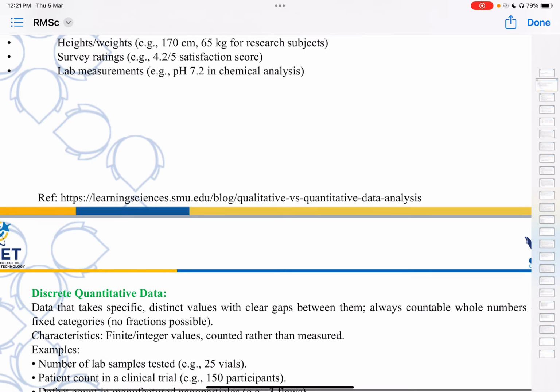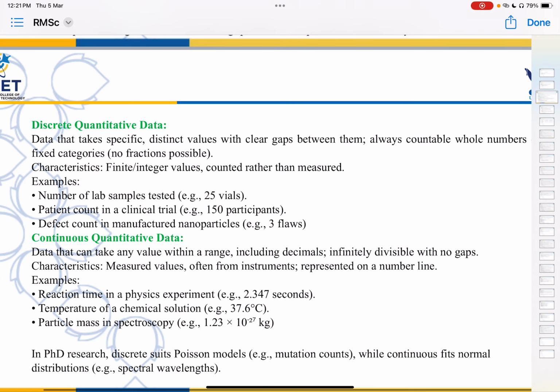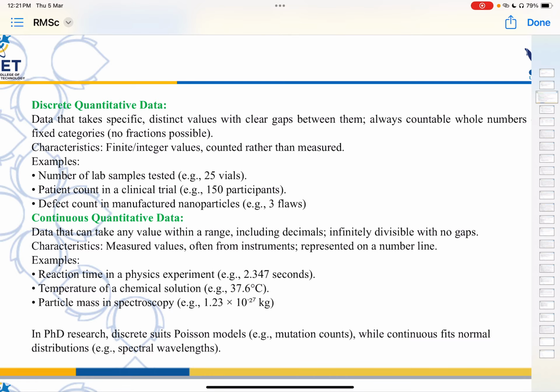Now here, in this type of numerical data, again we have two types: one is discrete and another is continuous. Data that takes specific distinct values, that is countable whole numbers, is known as discrete, like the number of lab samples tested.